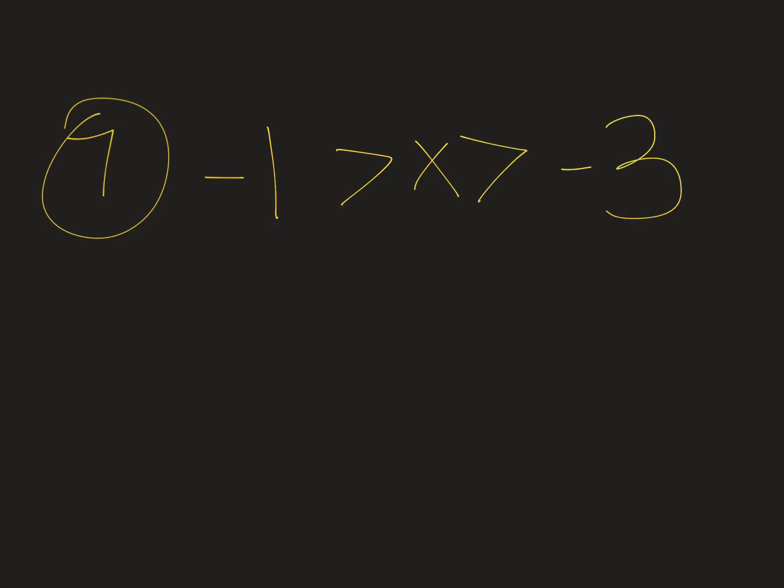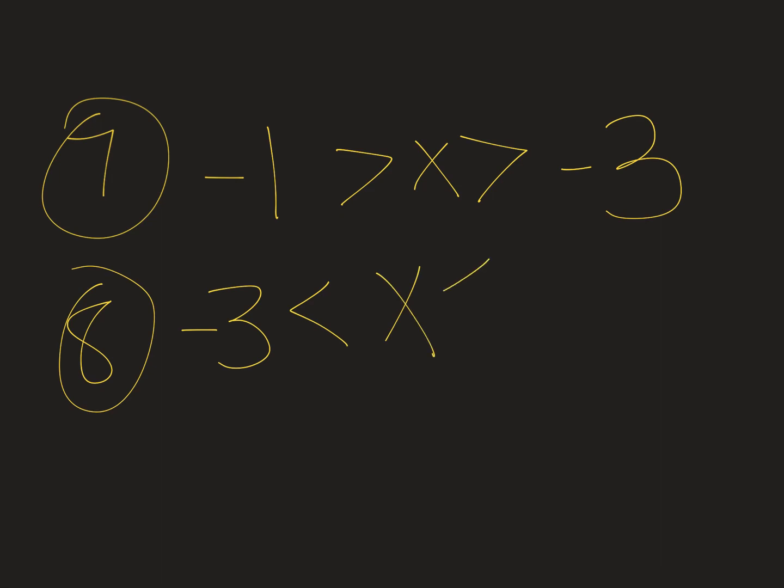All right, number 7. Number 7, your answer should be negative 1 greater than x greater than negative 3. 8. Your answer should be negative 3 less than x less than or equal to negative 1.